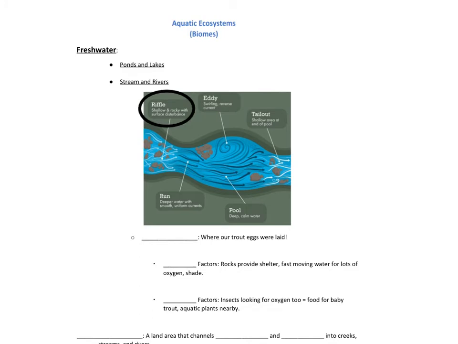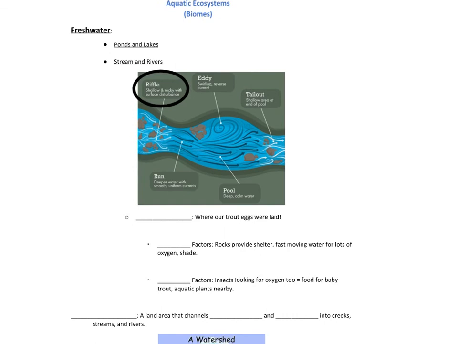Wanted to bring up, because it's a good time to, our fish and what's going on with their natural environment. Okay? So this is a river or stream, fast moving, with lots of rocks and lots of swirling, fast moving water.